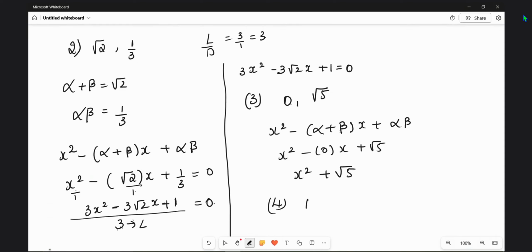Do the fourth one, 1 comma 1. That means alpha plus beta is equal to 1. Alpha into beta is equal to 1. Correct.